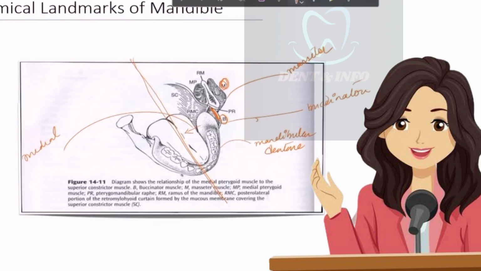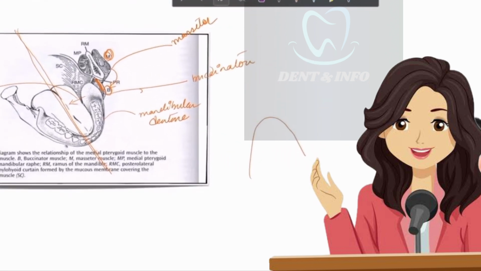I hope you understand that the masseter will push the buccinator here and will create that inward masseteric notch, right? First we saw our buccinator, the outer side we saw our masseter.